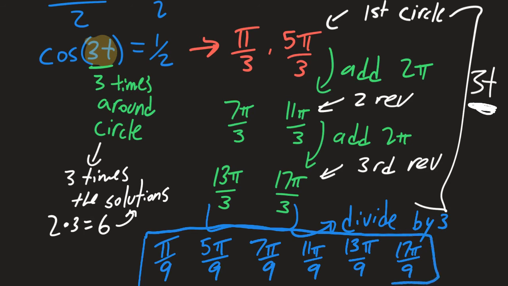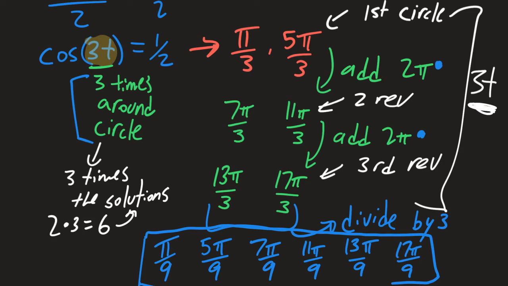Once again, for this 3t, I'm going 3 times around the circle, which is going to give me 6 solutions. For each revolution, I'm going to add 2 pi. So I have my first 2 solutions that I got from the unit circle in red, and then I add 2 pi to them twice to find 2 new sets of solutions, giving me a total of 6 solutions.